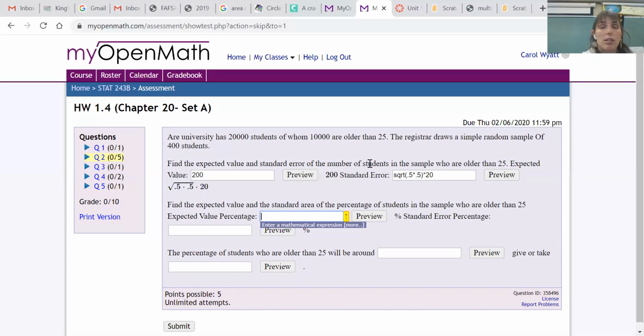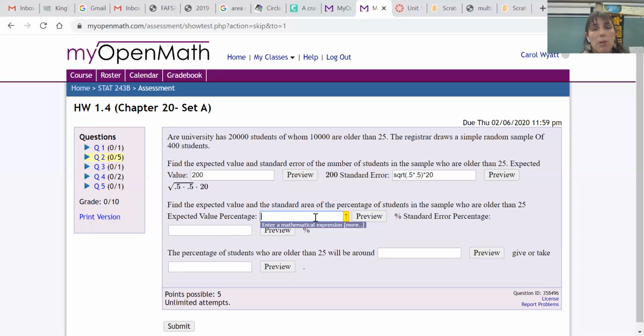Let me do this number real quick on my calculator. The square root of 0.5 times 0.5 is 0.5, and times 20 is 10.